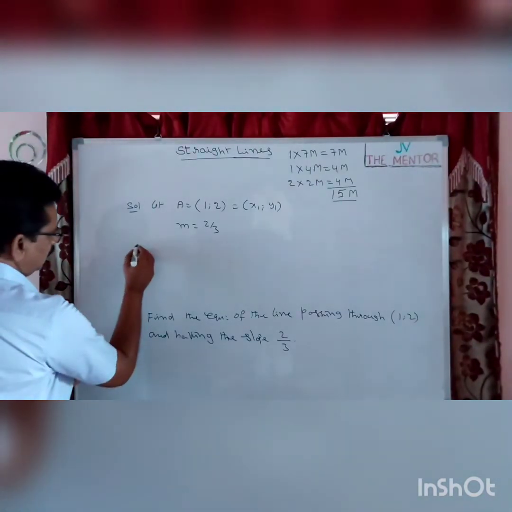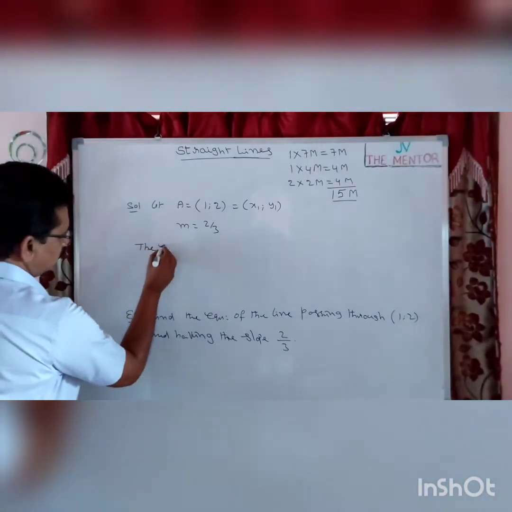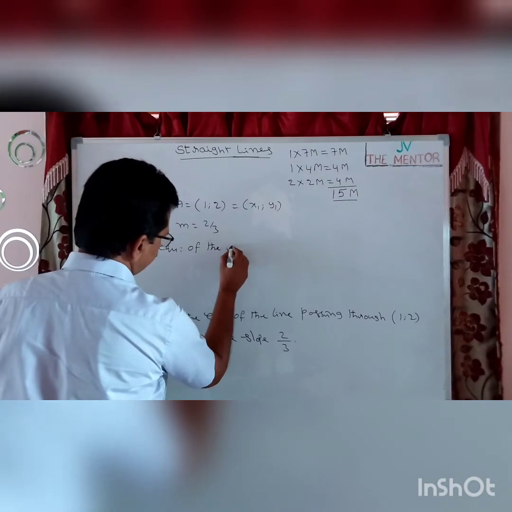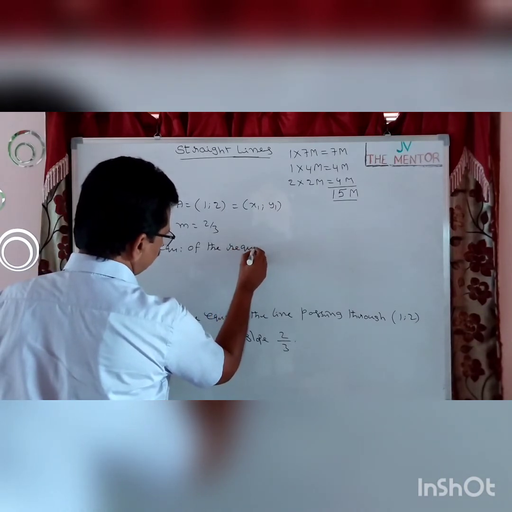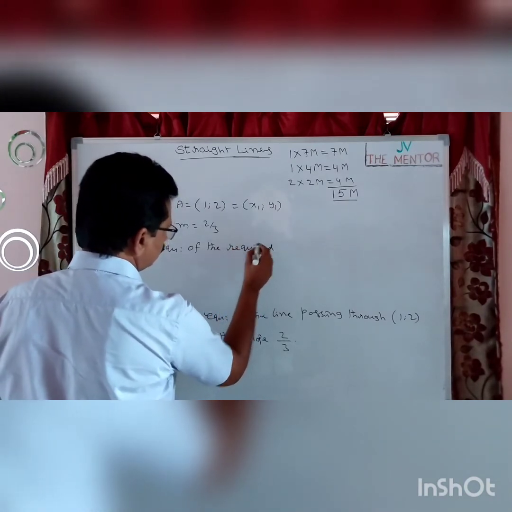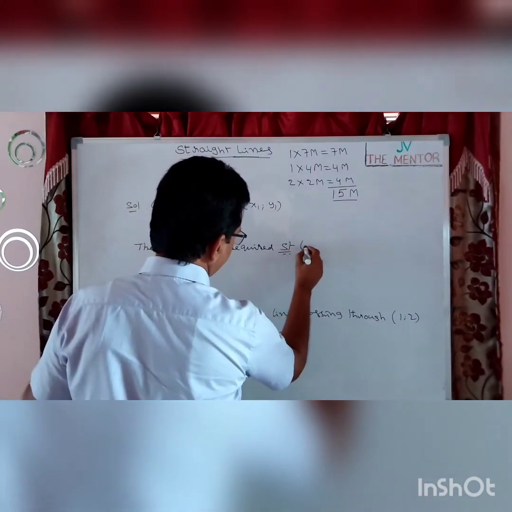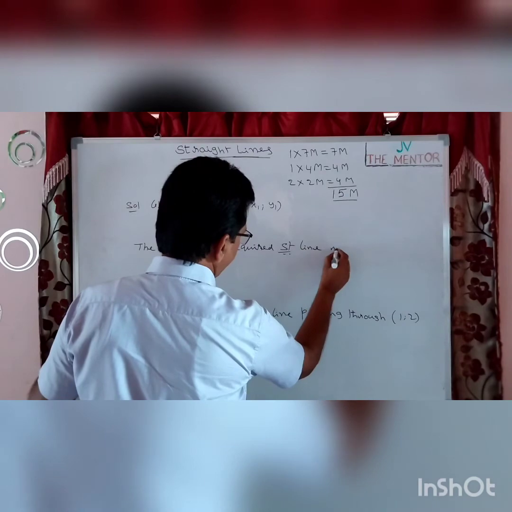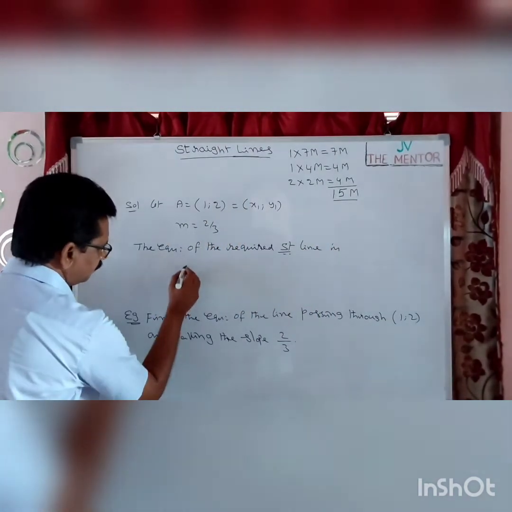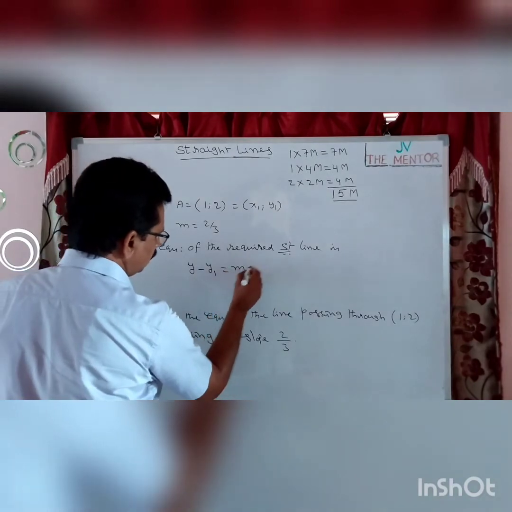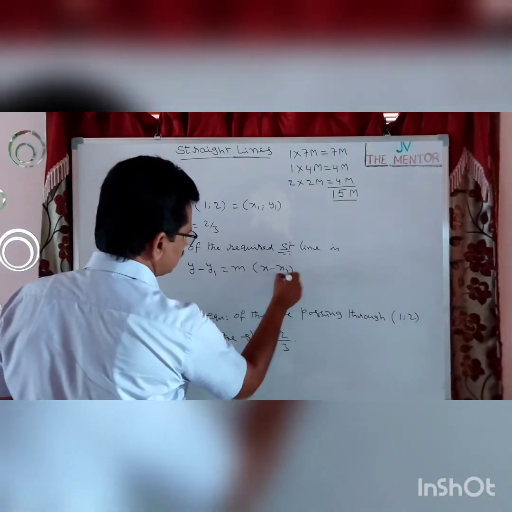Now we will find the equation of the required line. The equation of the required straight line is, the formula, y minus y1 equal to m into x minus x1.